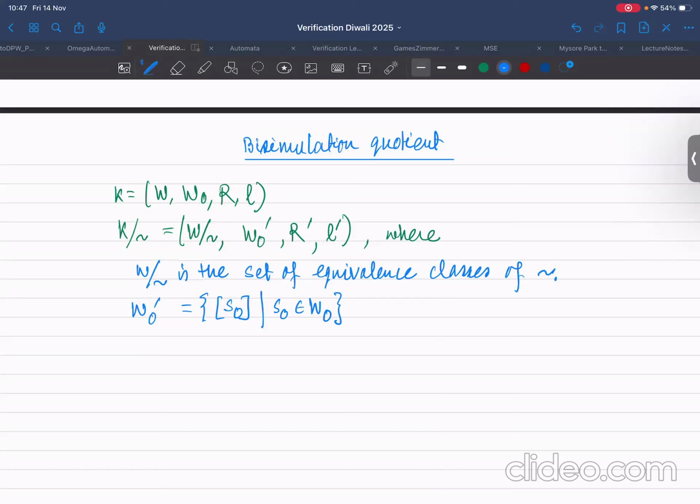By this I denote an equivalence class which contains S0, with S0 in W0.